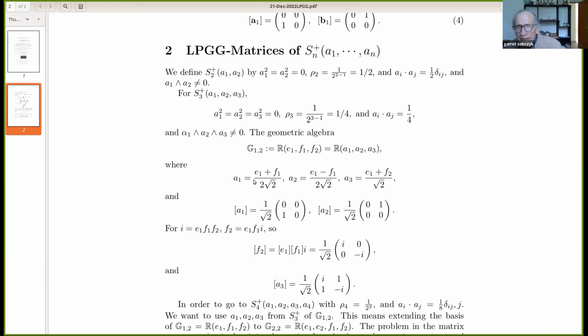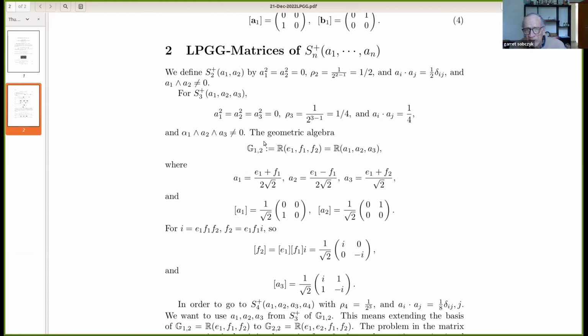Usually we call this the standard basis of the geometric algebra G1,2. We have E1 squared equal to 1, F1 squared equal to -1, F2 squared equal to -1, and they anti-commute. That defines the geometric algebra G1,2. Now we can relate the A's directly to the standard basis.